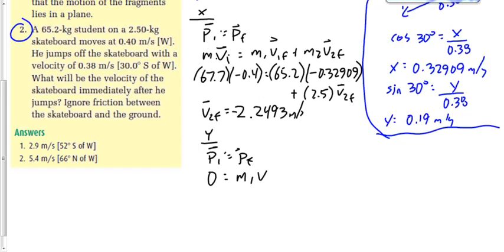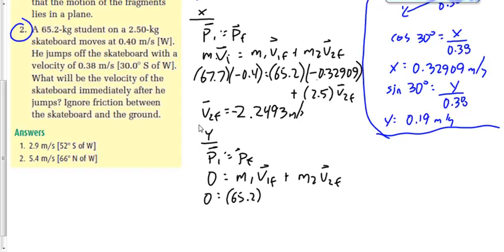There are two objects, though, afterwards, m1 v1f plus m2 v2f. 65.2. Anybody tell me what V1F is? We get V1F there, Terry? Good, and it's positive as well, right? It's positive because it's upward. No, sorry, it's negative. Negative because it's downward.